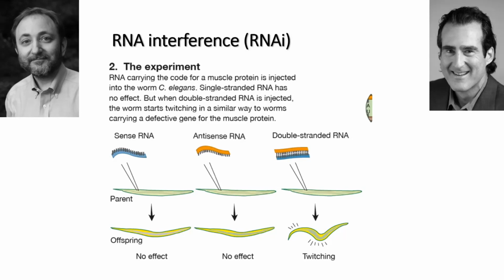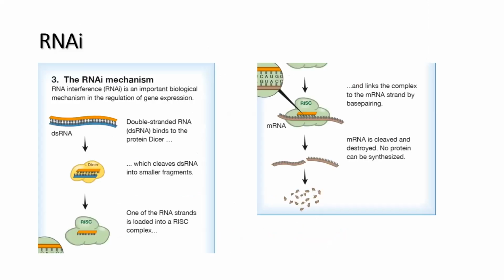So then they went on to investigate further, and here is, this is taken from their synopsis of the Fire and Mello Nobel Prize. So the mechanism for RNAi is you have double-stranded RNA, and then there is a protein called dicer that chops up, the eponymously named dicer chops up this double-stranded RNA into smaller pieces.